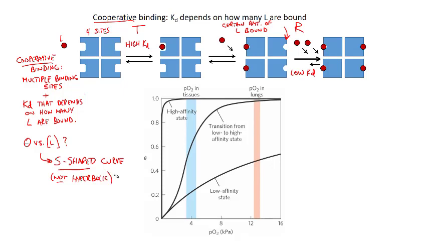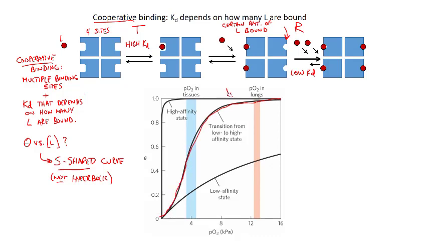So for example, in hemoglobin, on the x-axis, we have concentration of oxygen. Well, partial pressure of oxygen, but who cares? That's the same thing as concentration, basically. And we've got theta on the y-axis. What we observe is that our binding curve has this sort of S shape.